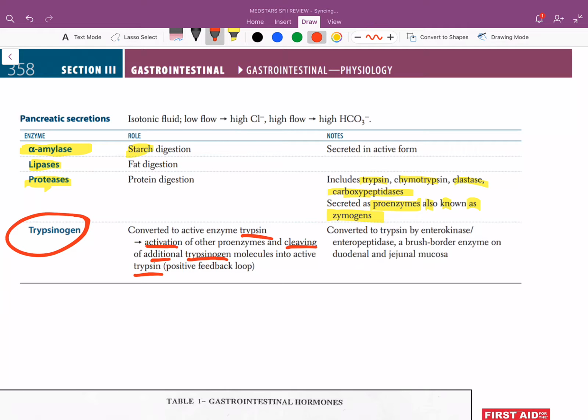It also activates other proenzymes: chymotrypsinogen, proelastase, and the procarboxypeptidases, right? And what you guys want to know is what converts the trypsinogen to trypsin in the first place. That's going to be your enterokinase or enteropeptidase, your brush border enzymes in the duodenum and jejunum.